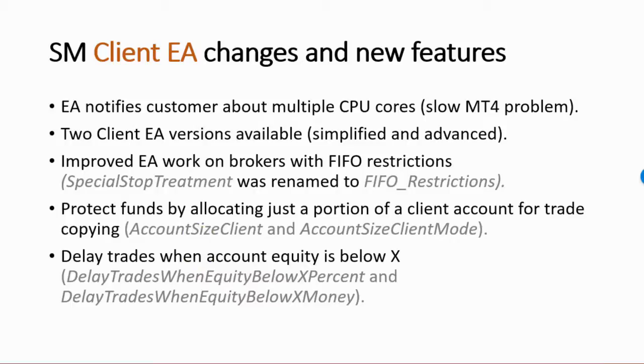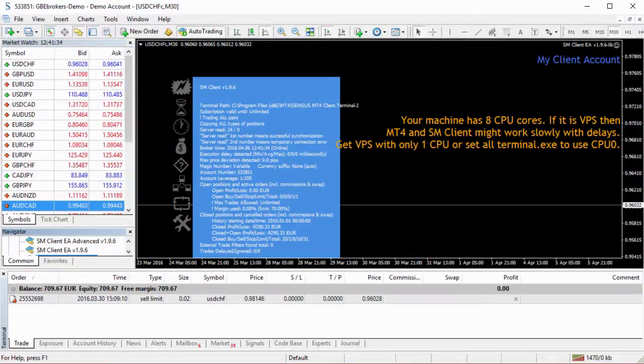Now the first change is that as of now, EA notifies customer about multiple CPU cores, which leads to slow MetaTrader problem. Let me show what I mean. So when you run client EA on a computer that has multiple processor cores, multiple processors basically, EA will give this warning.